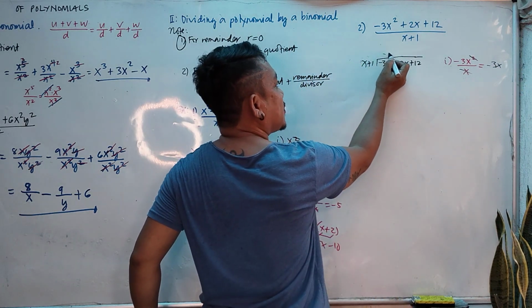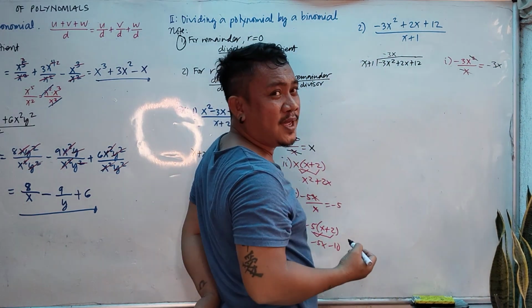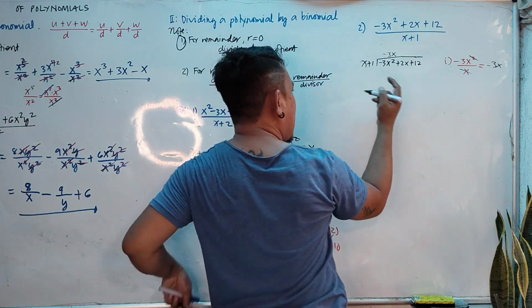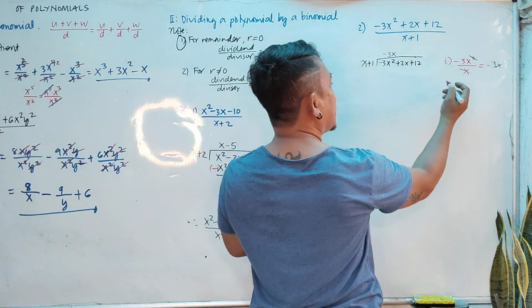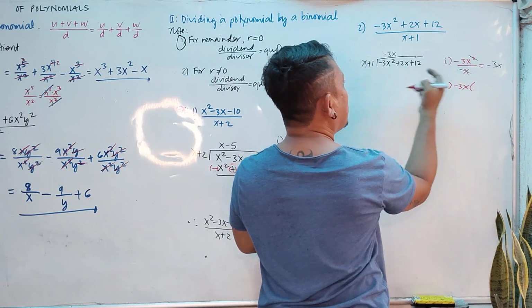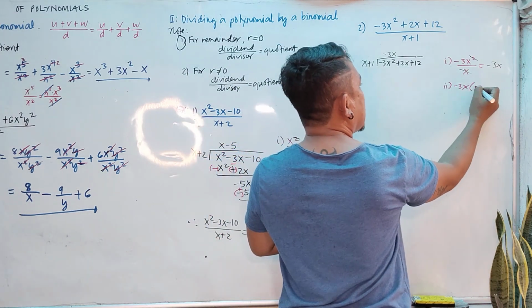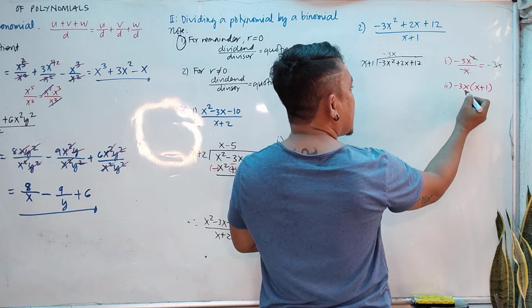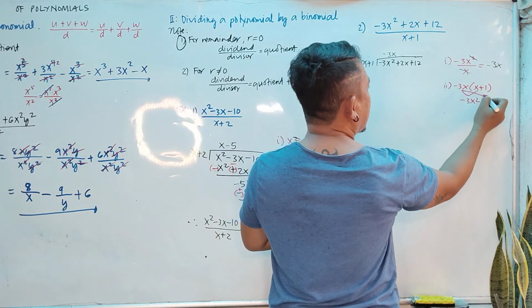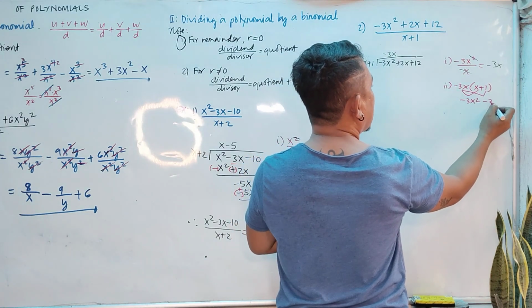So, we write negative 3x here. Step 2, we multiply negative 3x to x plus 1. Negative 3x times x, negative 3x squared. Negative 3x times positive 1, negative 3x.